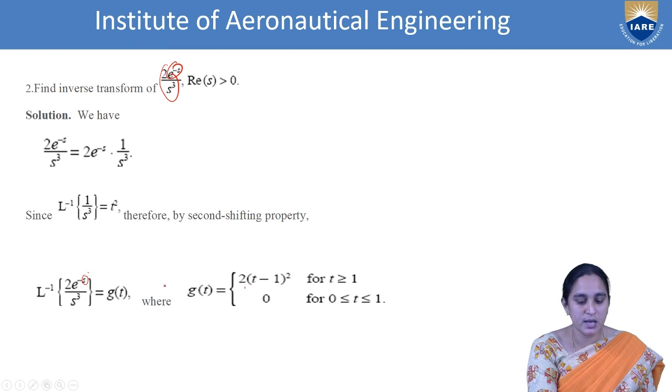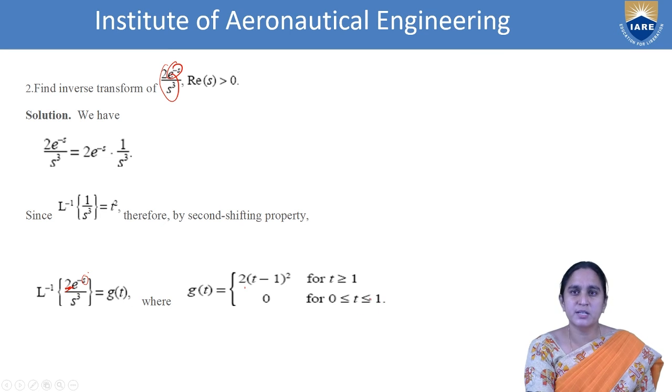That's why I am writing 2 as it is. That is 2 into t minus 1 whole square for t greater than or equal to 1, and 0 for 0 less than or equal to t less than 1. In the given question, since the exponential is there, directly apply the second shifting property of the inverse.